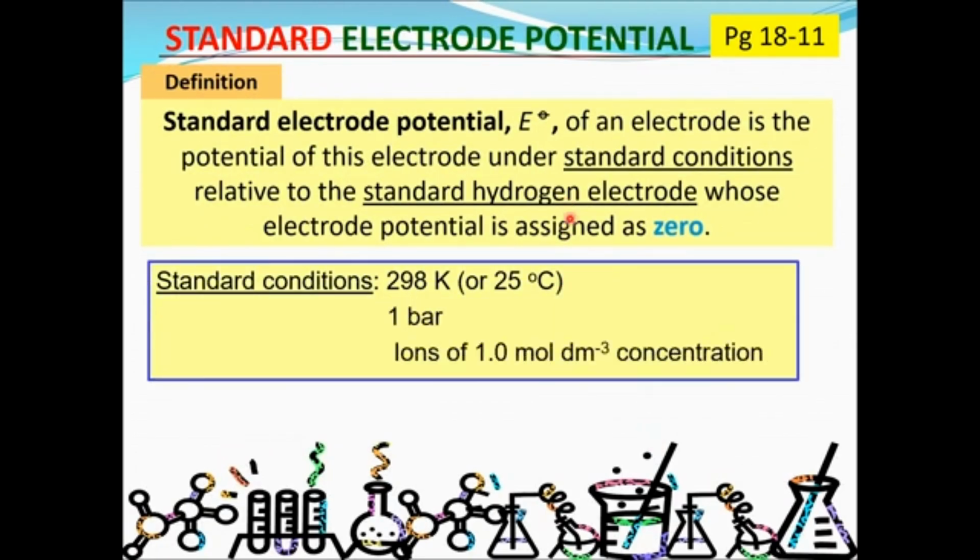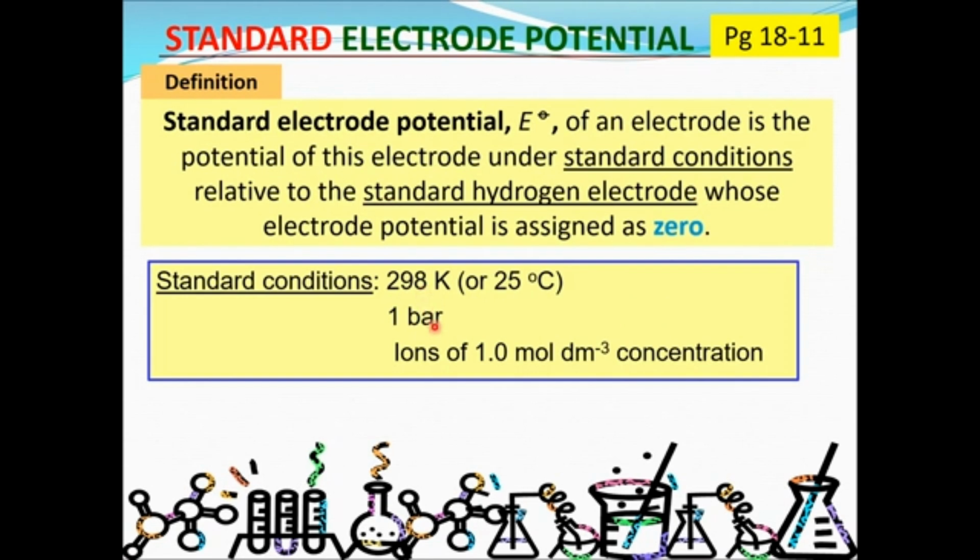We need to be able to do that. These are the standard conditions, where you're looking at the potential of this electrode under standard conditions relative to the standard hydrogen electrode, whose electrode potential is assigned as 0. So this SHE is assigned as 0 in terms of the value, okay?